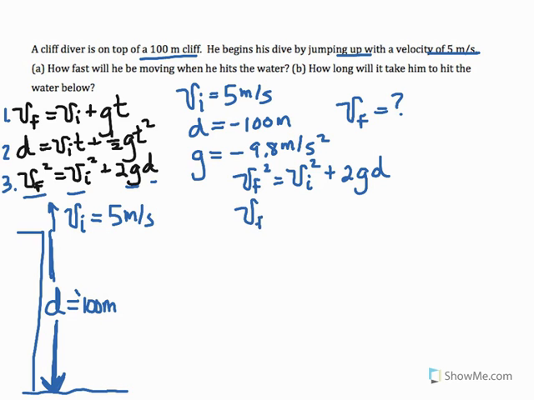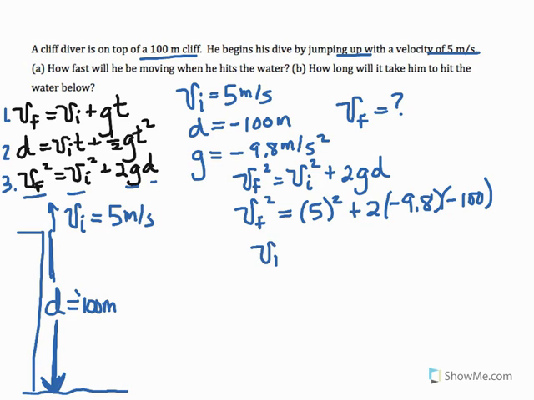All right, my final velocity squared is going to be my initial velocity squared, which is 5 squared. It was positive 5, plus 2 times gravity's acting down, so that's negative 9.8. My displacement is down, so that's negative 100. And what are you going to get when you multiply a negative times a negative?